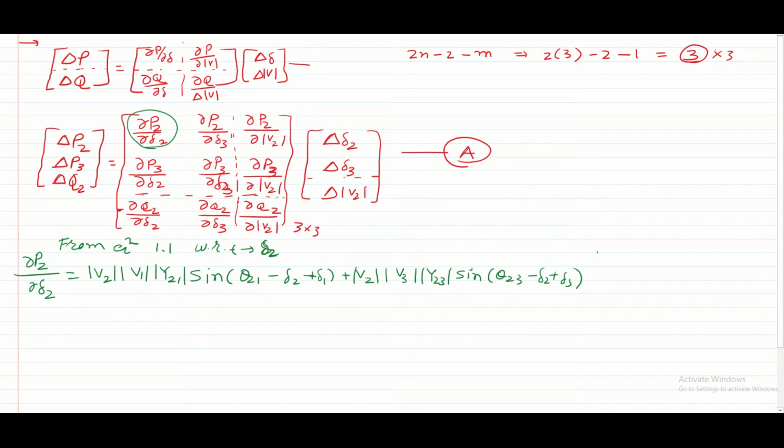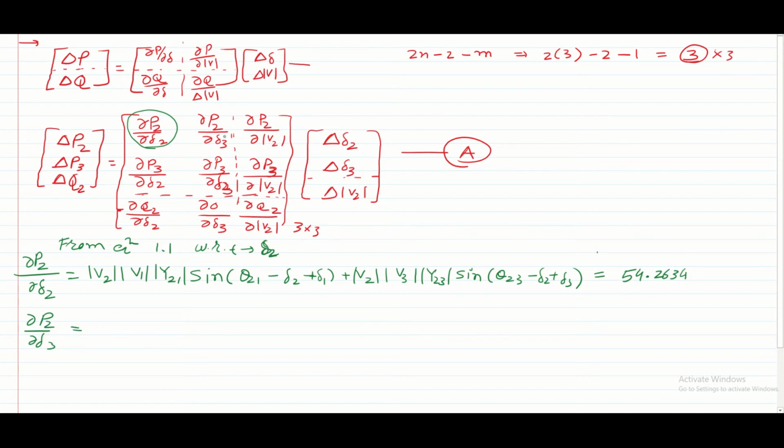After substituting all the values which we have already derived, we will get the final answer for del P2 by del delta 2, which is 54.2634.